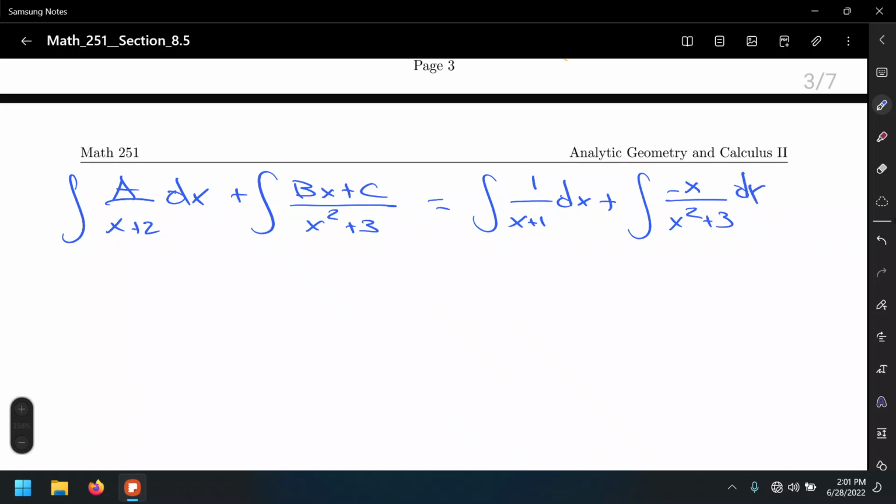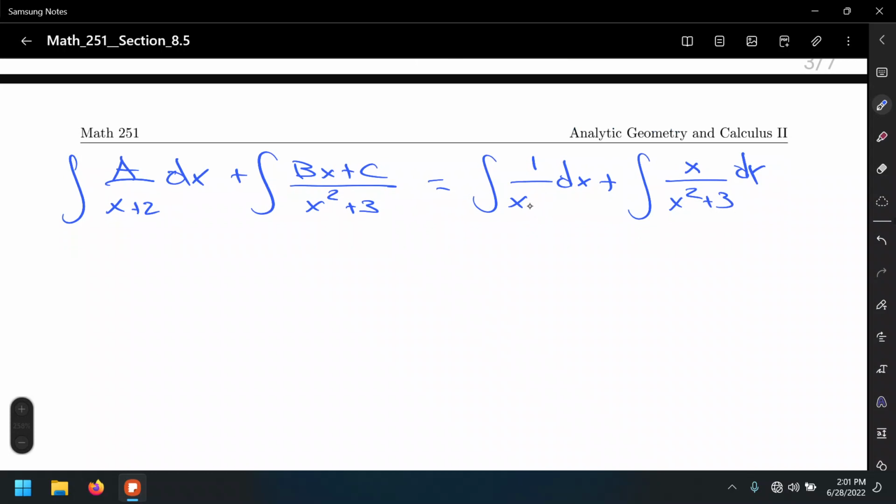X minus 2. Which one? It's this one right here? The first one, change the x plus 1 to x minus 2. Oh, yes, thank you.